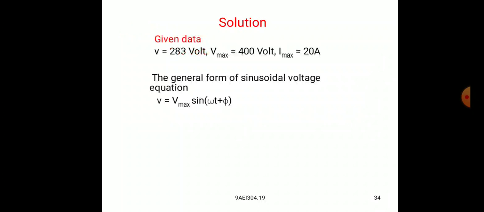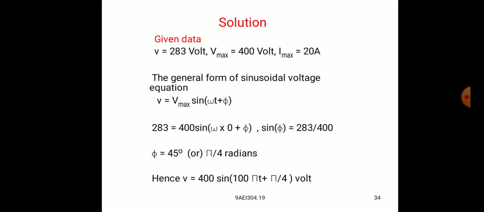The solution: you can see what data is given. The voltage is 283 volts, the maximum voltage is 400 volts, the maximum current is 20 amps. The general form of the sinusoidal voltage equation is v = Vmax sin(ωt + φ). From this, v is 283 and Vmax is 400, with t equal to 0. So sin φ equals 283 by 400, that is, φ equals 45 degrees, or pi by 4 radians.